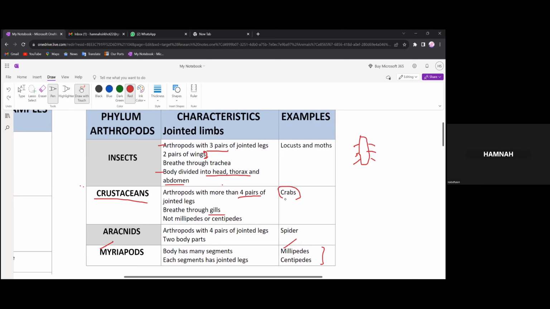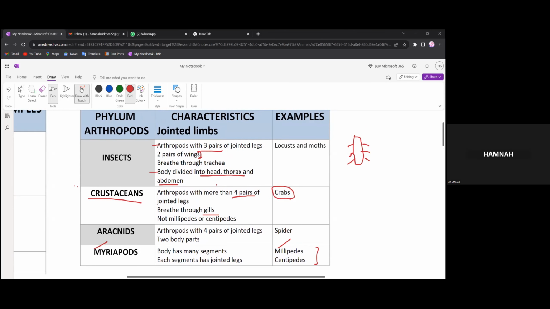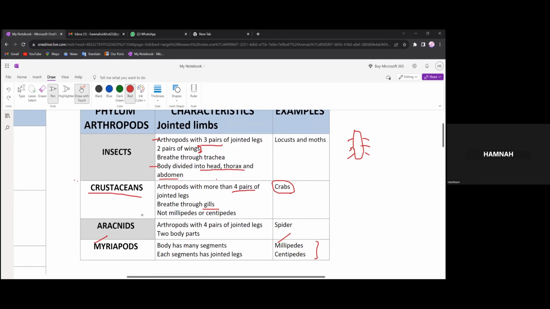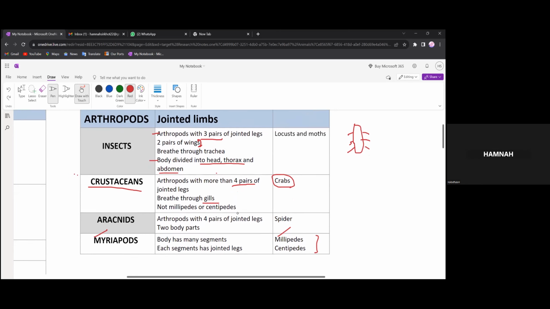Crabs are not insects, but they're closer to an insect, with multiple limbs, and they live in the ocean. So ocean insect-like creatures are crustaceans. They live near the ocean, breathe through gills, and they're not millipedes or centipedes.